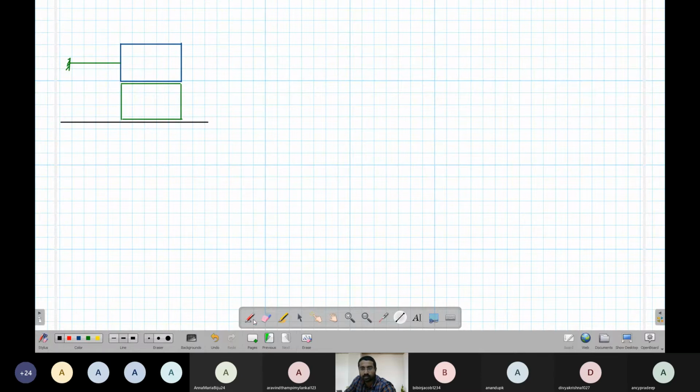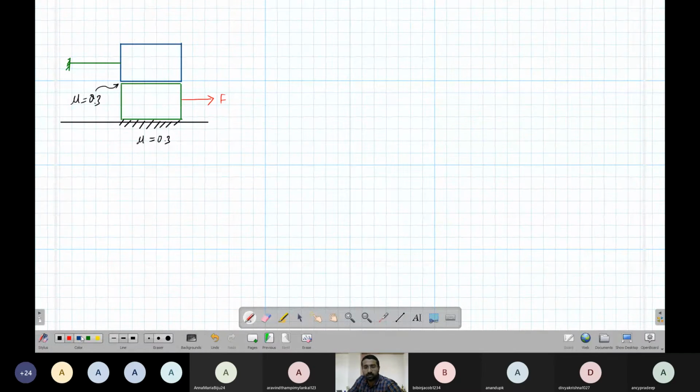So there is contact here. Contact on contact. Mu equal to 0.3. There is also contact here. We are applying a force here.